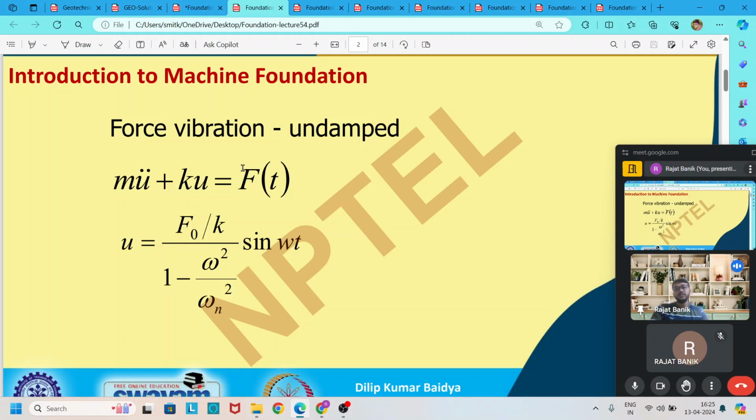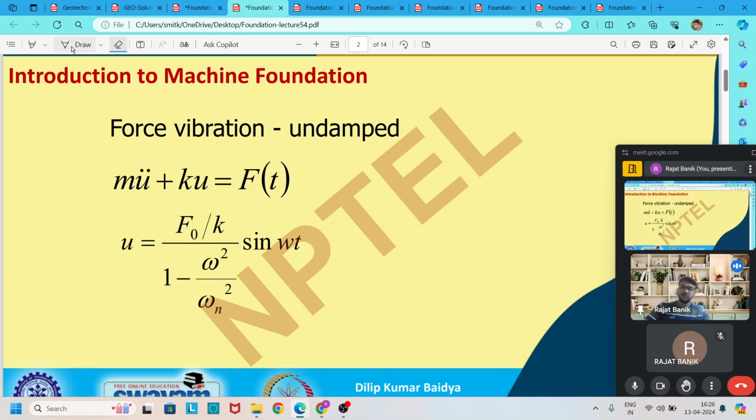Forced vibration undamped system is similar to the free undamped vibration system, but here we use an external force to produce this type of vibration, and this external force is a time-dependent force. In free vibration the equation is equal to 0 because no force is applied, but in forced vibration the equation is equal to f of t.